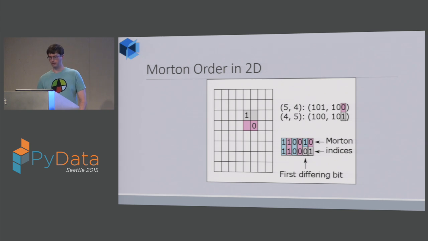That's a nice way to think about it. But the other way is the first bit that differed, the most significant bit across the two coordinates, breaking the tie towards the earlier coordinates, is another way of thinking of how we came up with this ordering.